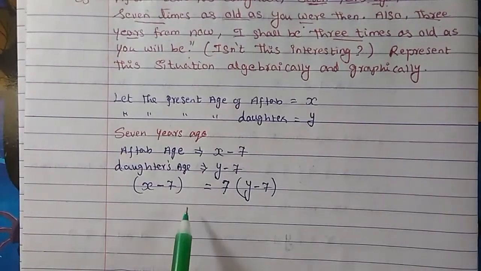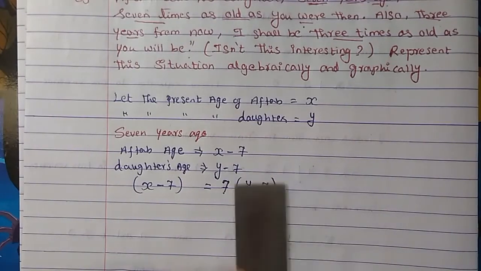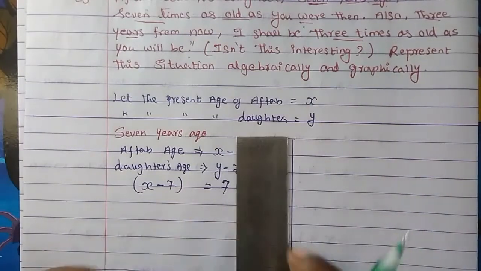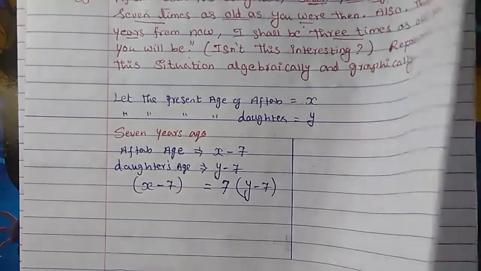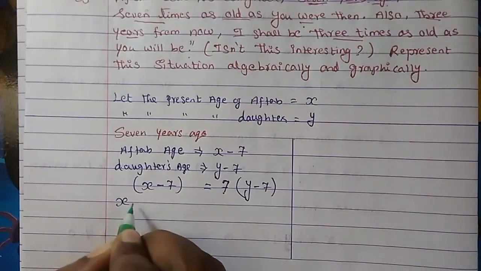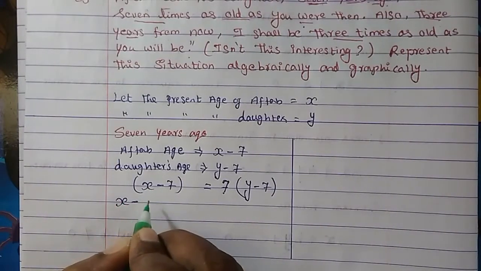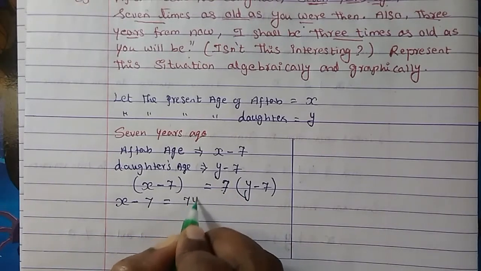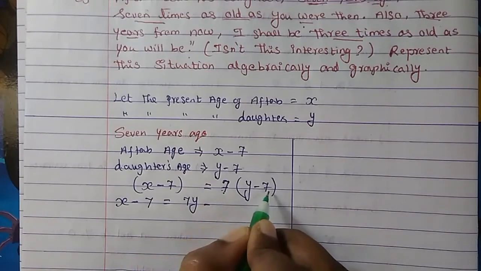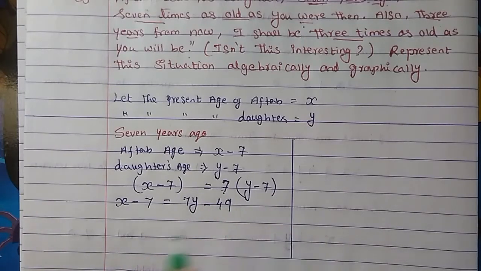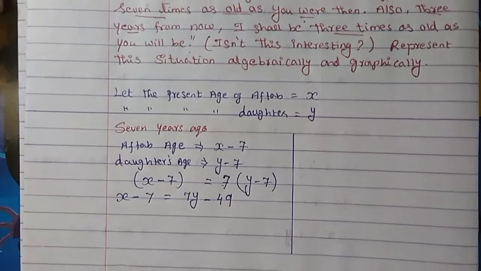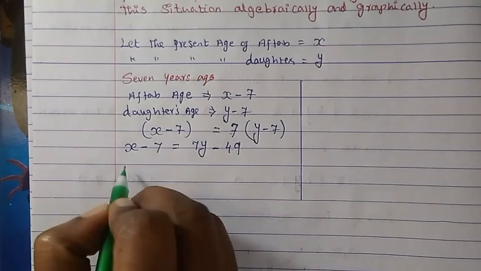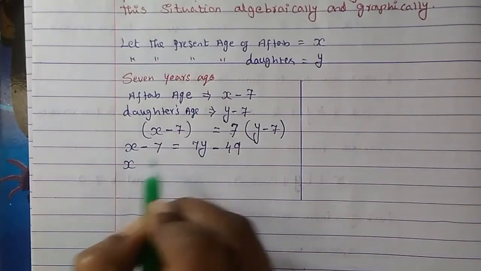Okay. So now let us write this into a proper equation. So X minus 7 equal to 7 into Y will give 7Y minus 7 sevens are 49. Now we'll arrange the equation properly. X is here, the 7Y, let us bring it here.